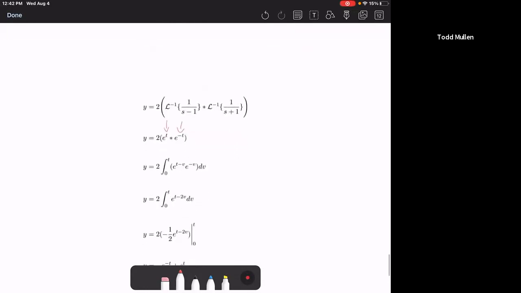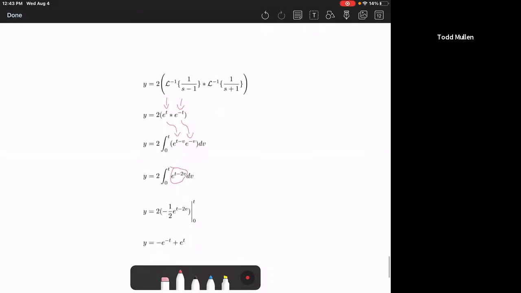And now we finish by solving using our definition of convolution. So this is e to the t minus v times e to the minus v integrated from 0 to t. Well, when we multiply them, we can just add the exponents. So we get e to the t minus 2v.